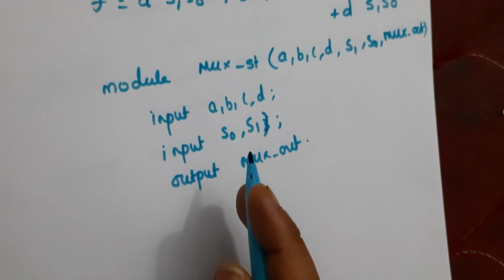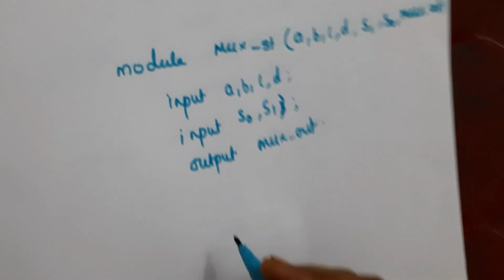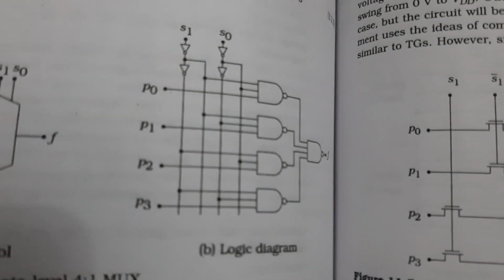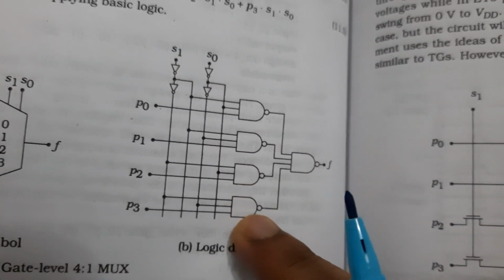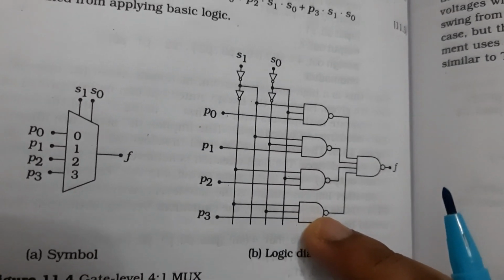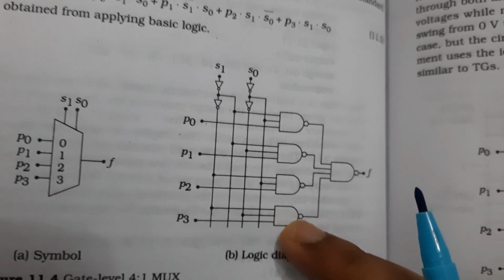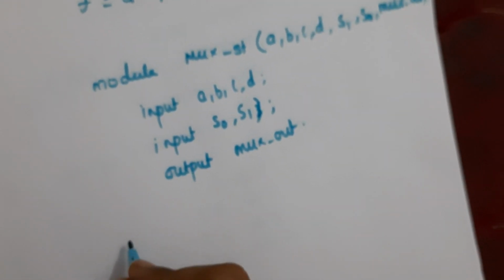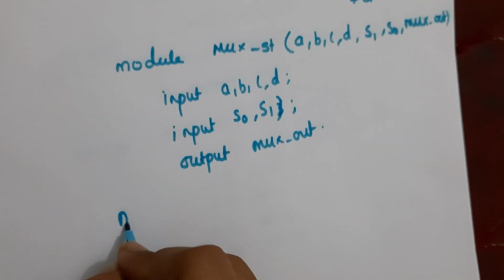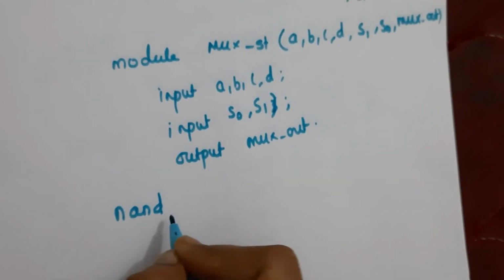So now the condition here is all are NAND gates. Consider this is the logic diagram of this 4 to 1 mux using NAND gate. So now we have to write a code for that. First we declare the gate module. We realize it using NAND gate here.